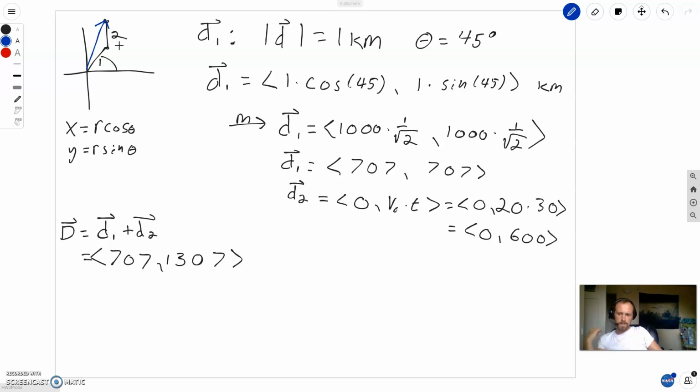So really, the total distance that you will have to cross is the magnitude of this guy. So the magnitude of D is going to be kind of big. Square root of 707 squared plus 1307 squared equals 1485.